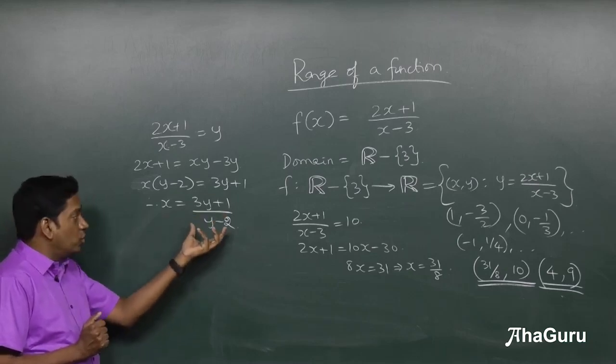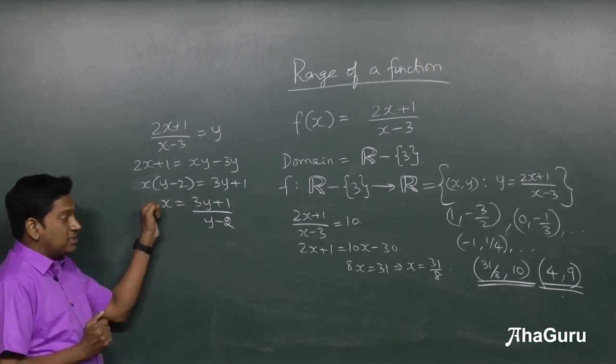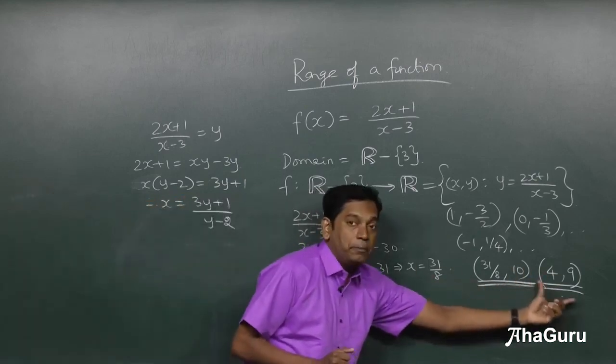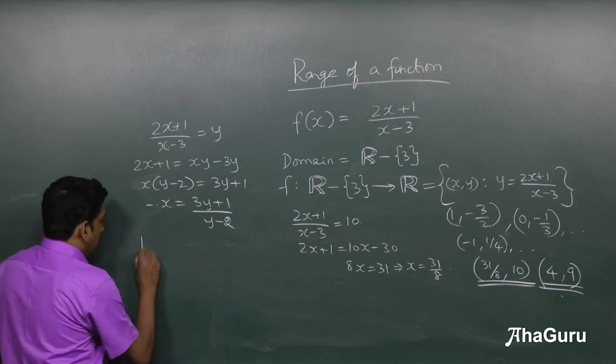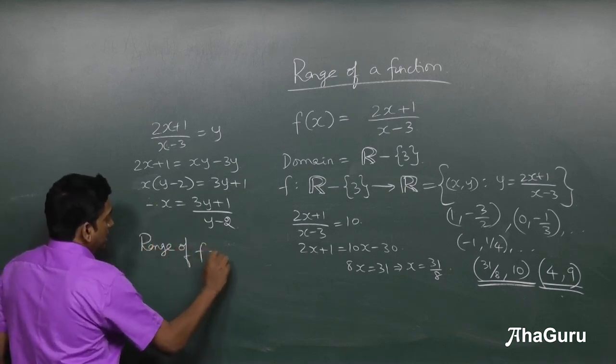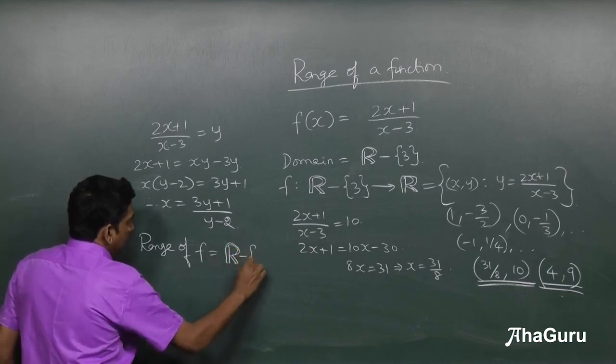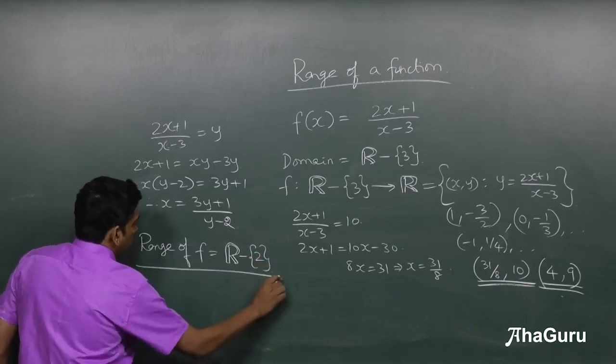Anything other than 2, it looks like you can substitute that and get a value for x. That means you can get this ordered pair. That means the range of f is all real numbers minus 2.